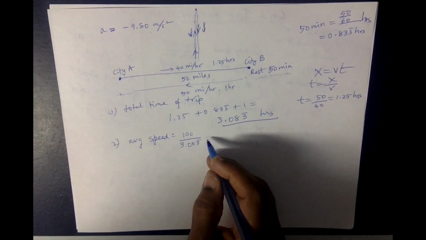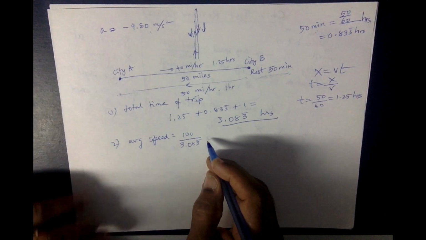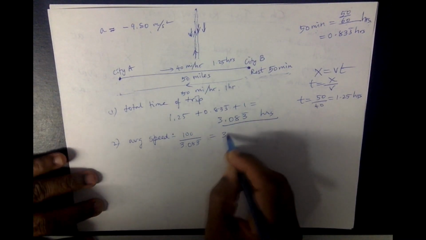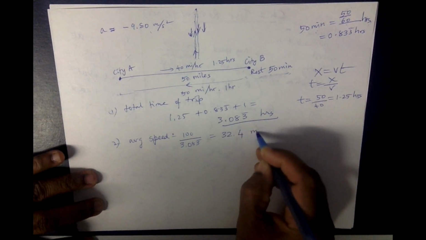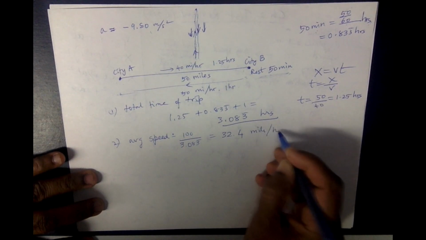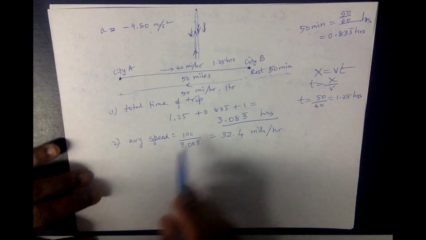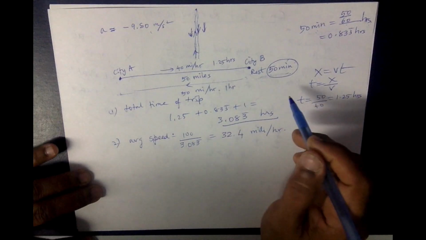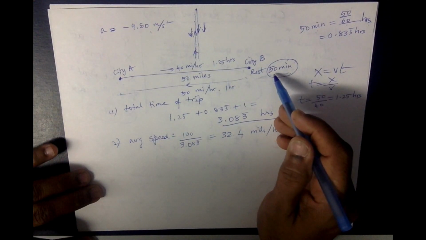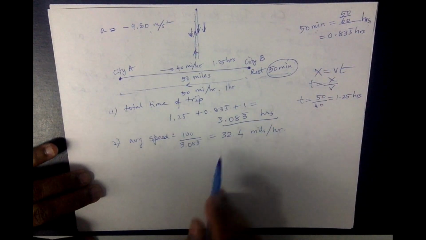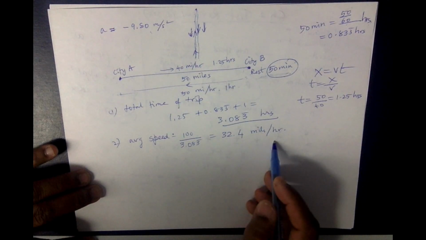So it's going to be 100 divided by 3.08333 repeating, and the answer is 32.4 miles per hour. You see how it is done. Especially this is the area that you can actually get stuck, because of how to change 50 minutes to hours. Now 32.4 miles per hour.